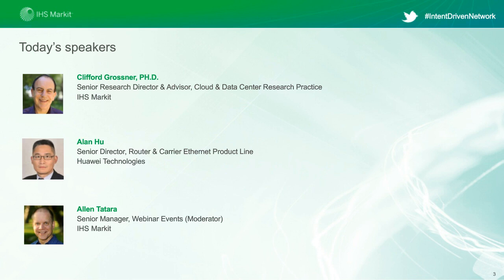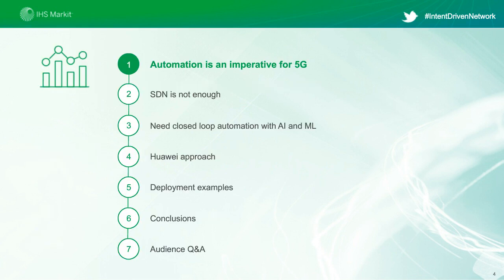Well, thank you, Alan, and thanks to the audience for taking time out from a busy day to hear what we have to say. I hope you're going to find it enlightening and you will learn something important. I'm going to start off by talking a little bit about the market and how automation is an imperative for 5G, and I have a little bit of a treat for everyone. I have some results from a survey we did of 14 experts working in the area of edge computing.